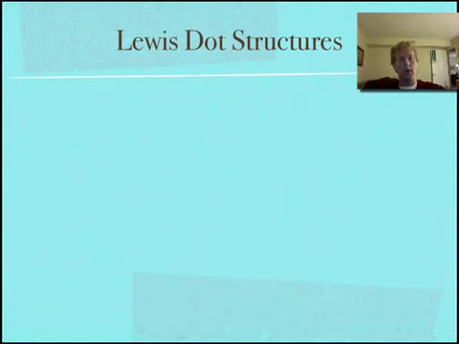When showing your work for a covalent compound, one way to do this is by drawing a Lewis dot structure. So if I were to take our previous example of water, also known as dihydrogen monoxide, I would start by drawing my oxygen, which has a total of 6 valence electrons. And I would draw my hydrogen, which has its 1 valence electron.